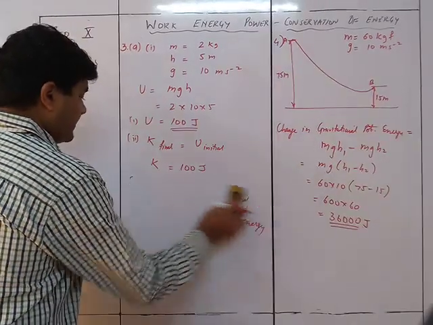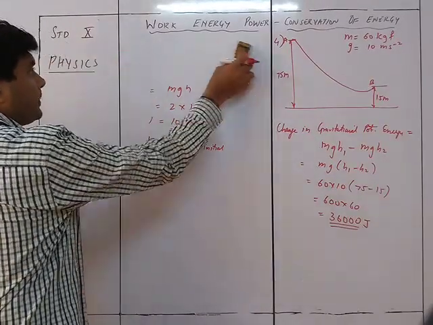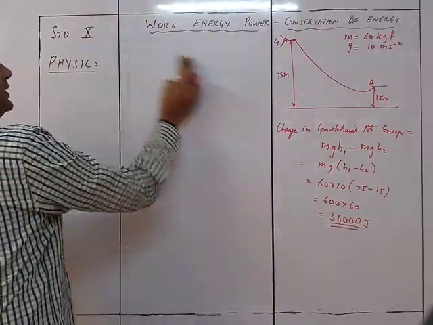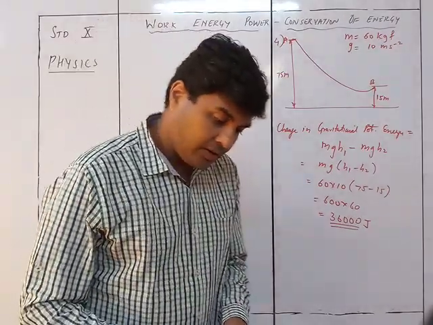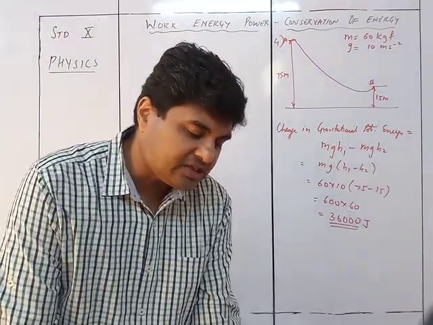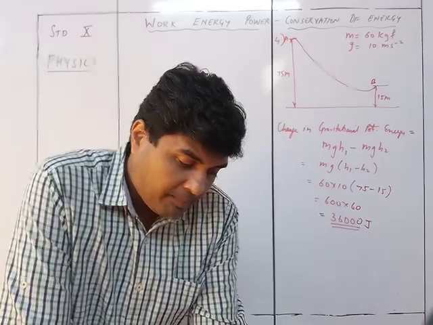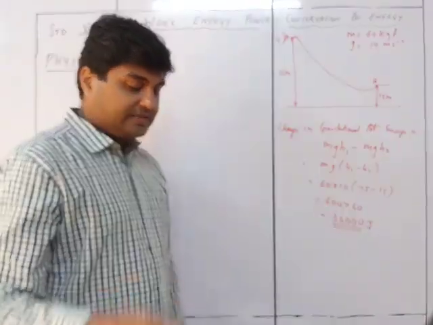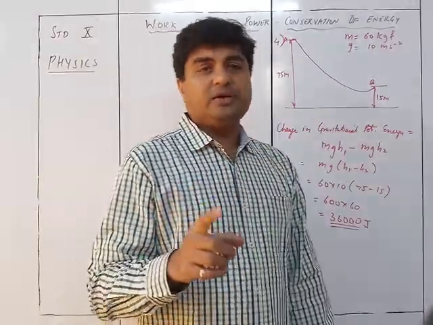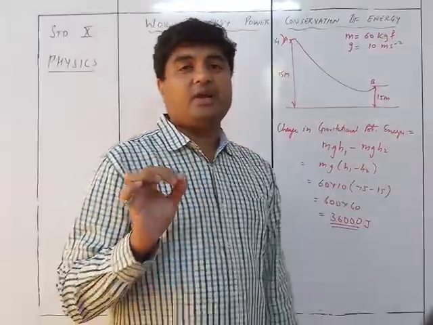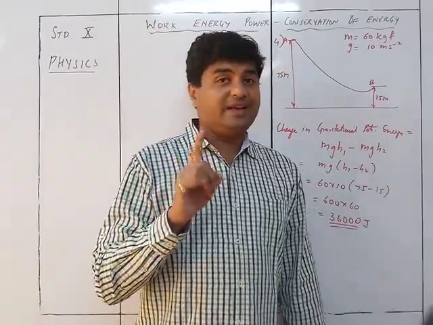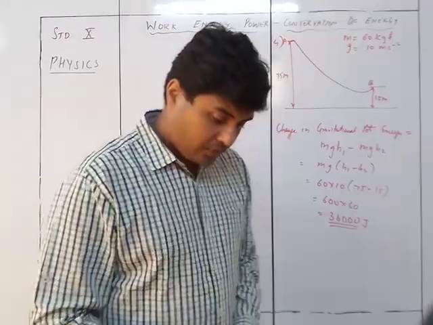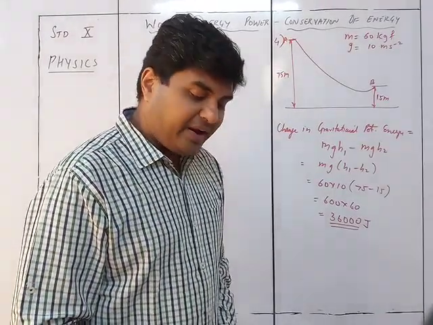Now we can see the second part. They have given us that if 75% of the energy in part A becomes kinetic energy at B, so we can see that 75% of this is getting converted into kinetic energy. Rest is lost in friction. So calculate the speed of the skier.